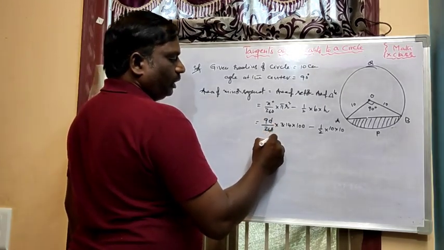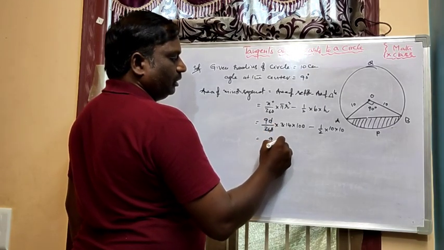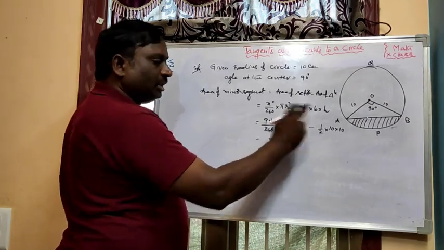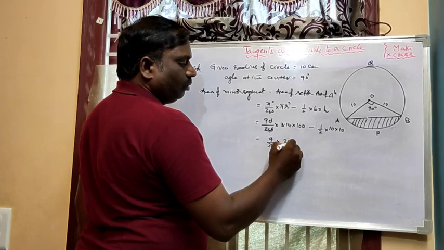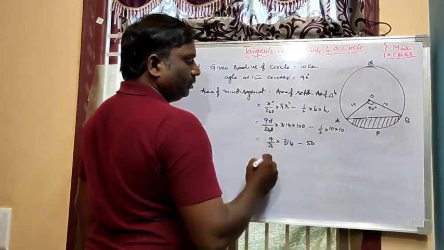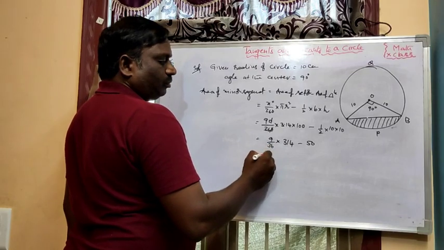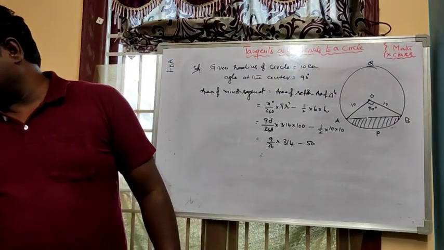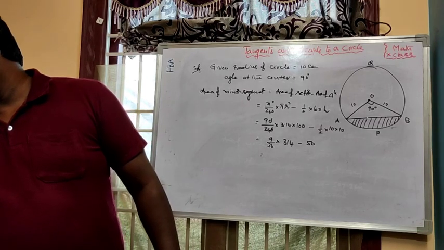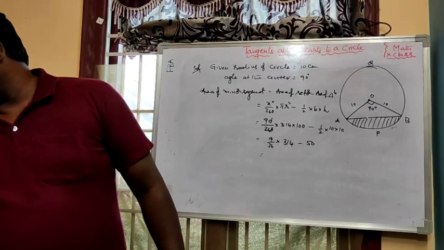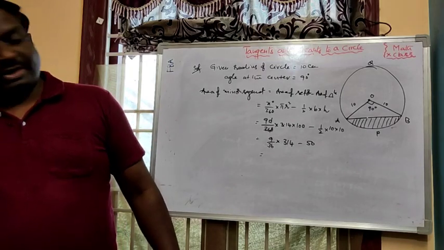So 90 by 360, the decimal point moves to the right side, this will become 314 by 4, minus 50. If you do the simplification of this one, then you will get the answer 78.5. Sector area is 78.5.